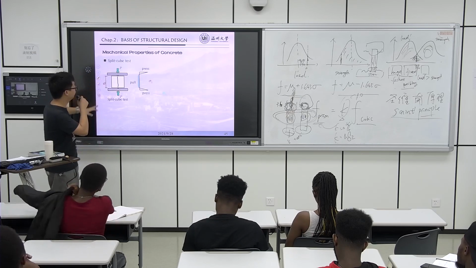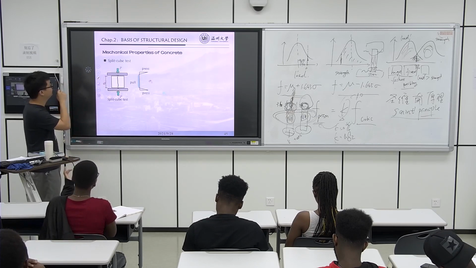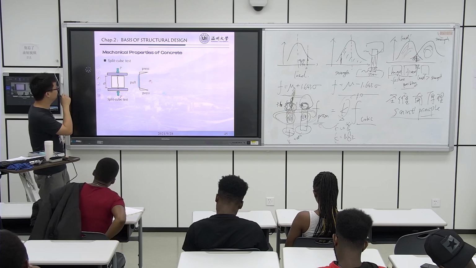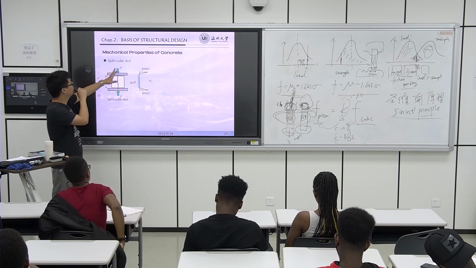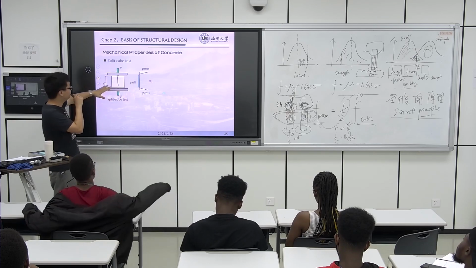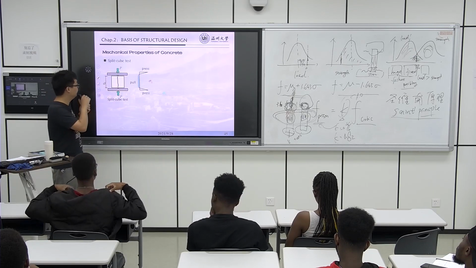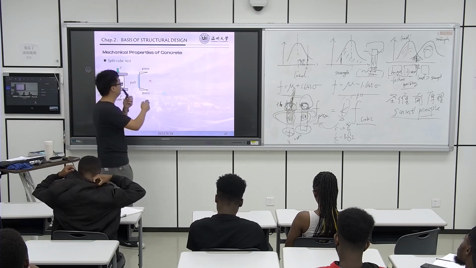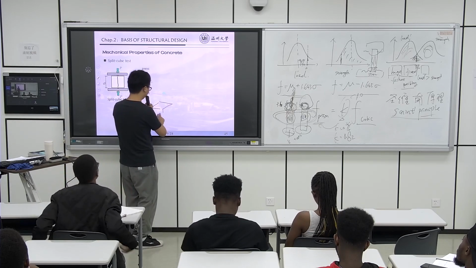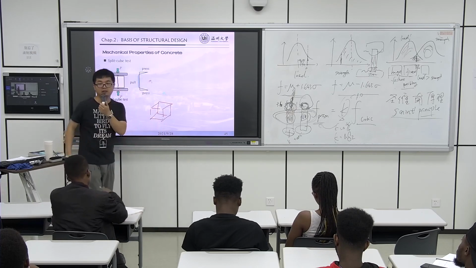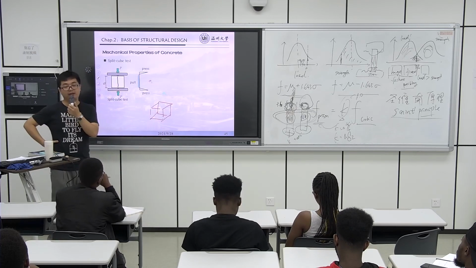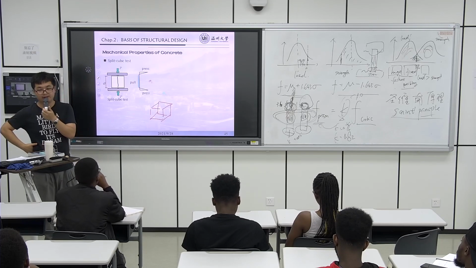And another way to do the measurement is the split cubic test. From this test, we easily can get a cubic, right? The cubic is the same as the cubic compressive test.